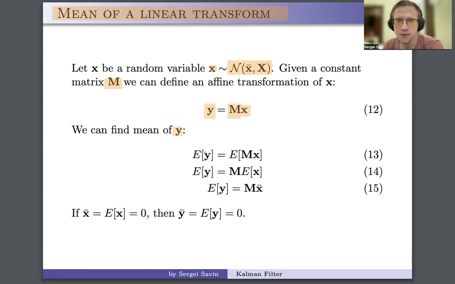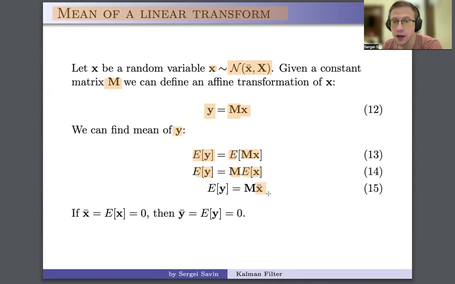It's going to be useful. So the mean of Y is equal to the mean of M times X, okay? Which we can put the M out of the brackets, as we said previously, right? So the mean of Y is equal to M times the mean of X, right?